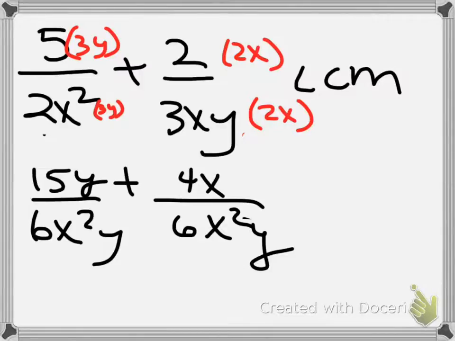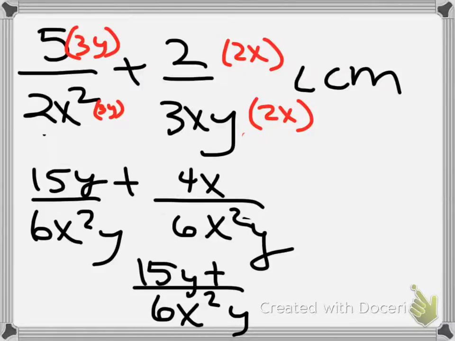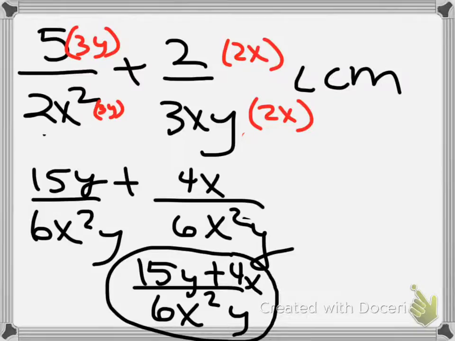We rewrite our denominator, 6x squared y. Add those together. So 19xy? Careful, that's a temptation. I'm actually glad you brought that up because these are not like terms, so we cannot add them. So it's just going to be 15y plus 4x. Looks big. We're done.